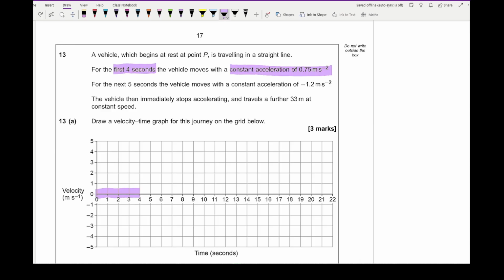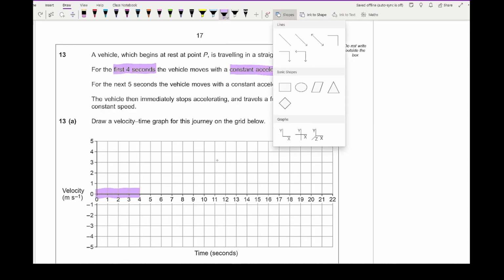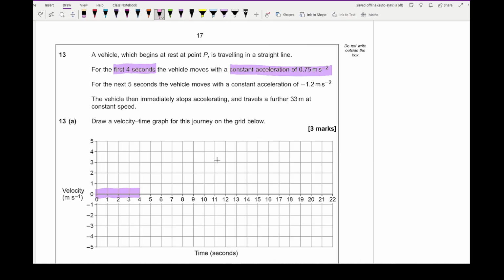We've got a constant acceleration, meaning that the line has got to be a straight line, so it's not a curved line, and it has a starting point at 0, 0, and we need it to go to 4 seconds, and that would give us a constant acceleration straight line up to 3, and we can see that our gradient of this line would be 3/4 or 0.75.